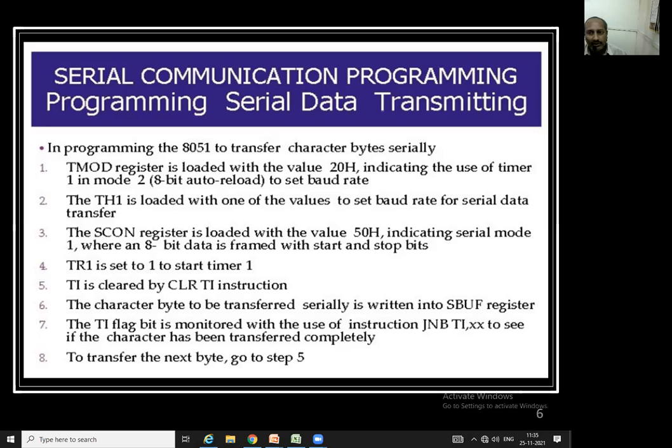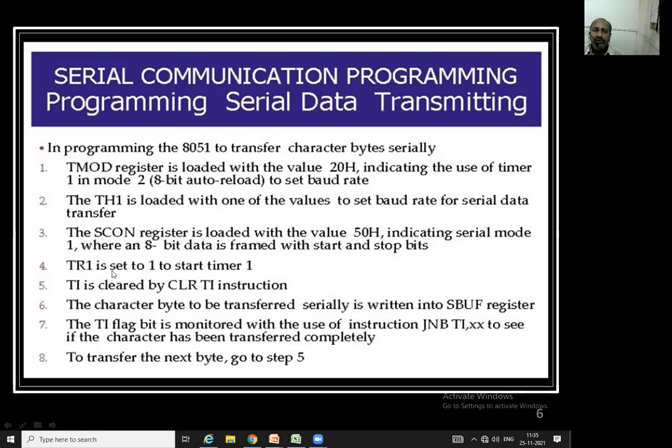We have discussed baud rate, but here we will learn in detail what the baud rate is, how to set it, and what should be done for that. Third step: SCON register is loaded with 50H. Again, why this 50H, we will learn in a coming slide. These are fixed steps.